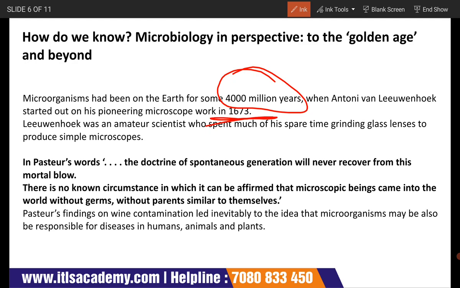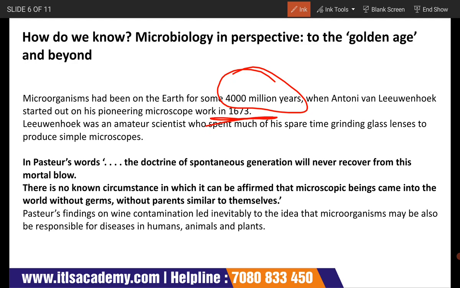So in his free time, he did the grinding of glass lenses, and with their help he produced a simple microscope. Nowadays there are numerous different types of microorganisms present on earth.